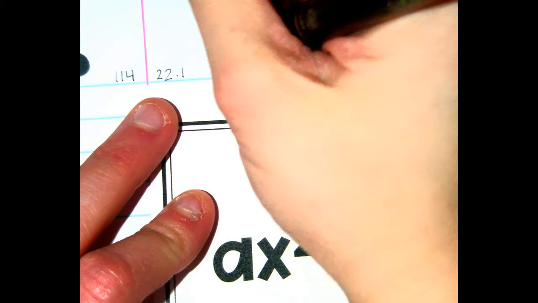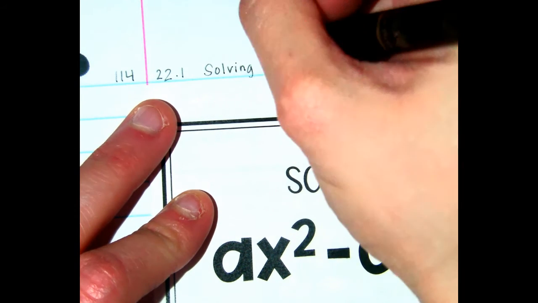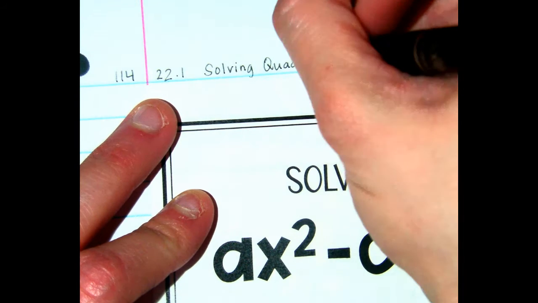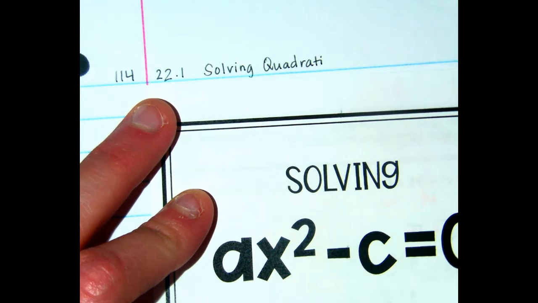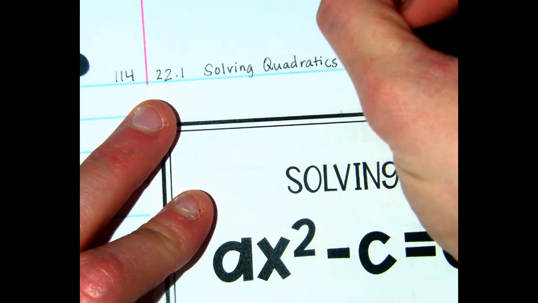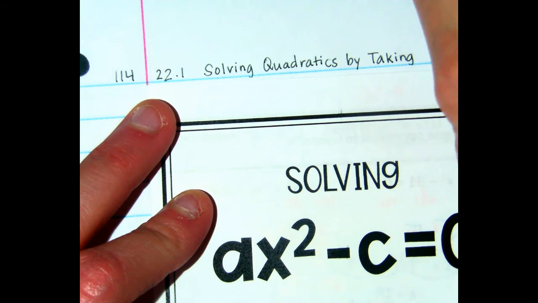So glue, that's page 114. The title is 22.1. Solving quadratics by taking the square root. And keep your notebook open because we're going to write on 115.